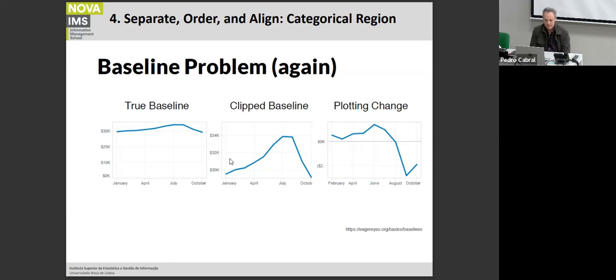For instance, we have these three options for representing some attribute, in this case, quantity of dollars over time from January to October. It could be sales, for instance. Okay, we could represent with the first chart, the second, or the third. So all of these represent or have an impact on the visual perception. Okay, so maybe if you are interested in showing some stability, I would show the first chart.